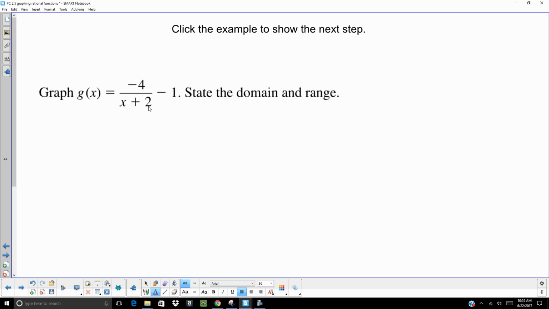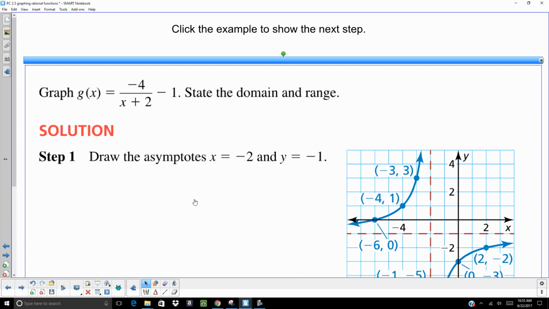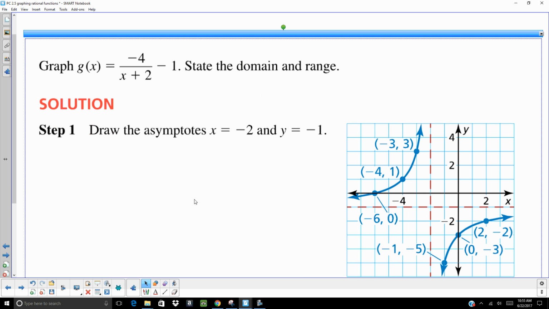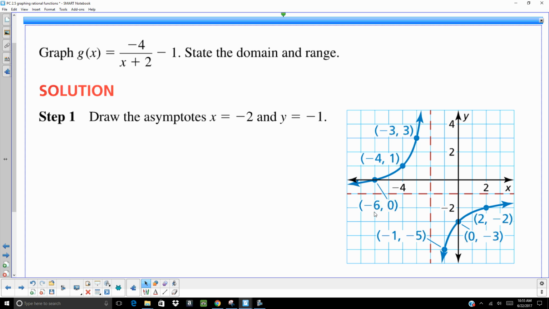So I'm thinking that this is going to be shifted to the left 2, and I've got a -1, so it's going to be shifted down 1. So I also am going to have to state the domain and the range. So let's go ahead and draw those asymptotes. It's going to be at x equals -2, which is my vertical line, and at y equals -1.